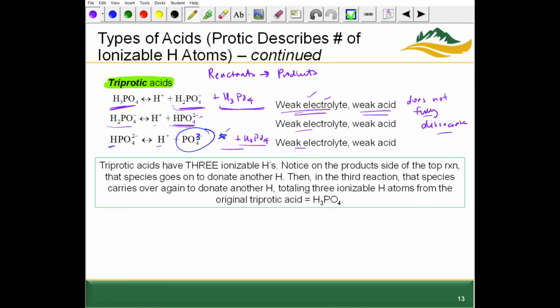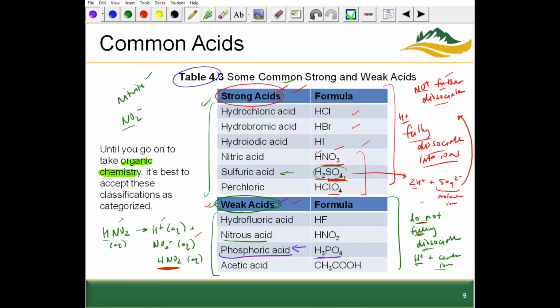To connect the formula to the name, H3PO4 is phosphoric acid. You may recognize PO4 3 minus as phosphate. Because it's an acid, we change the phosphate to have that IC ending, and then we add acid.